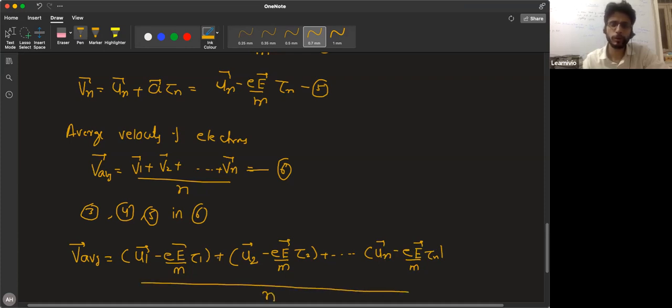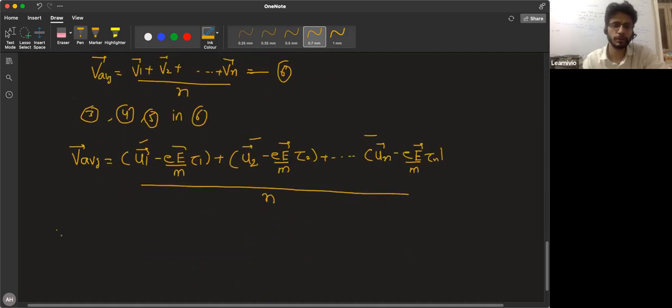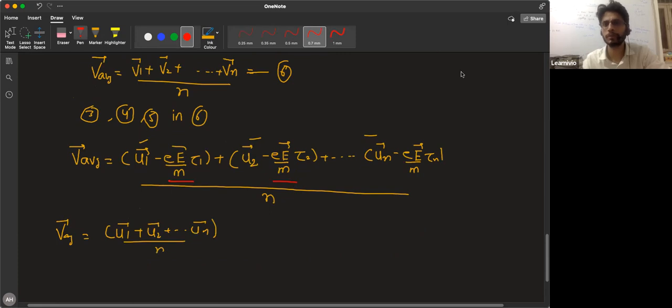Now see, what I am doing is I'm just taking these terms in a separate division. So I'm writing this U1, U2, Un by n separately. And from these terms, this term, this term, this term, is there anything which is common here, Mehraj? Is there any term which is common in these three terms?